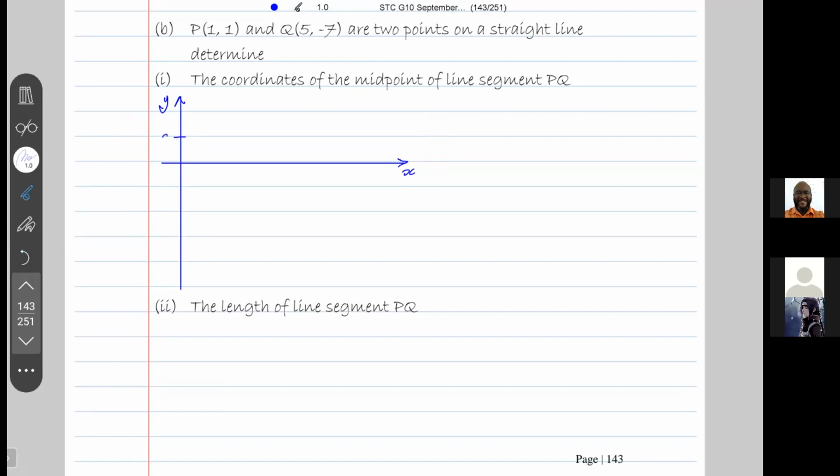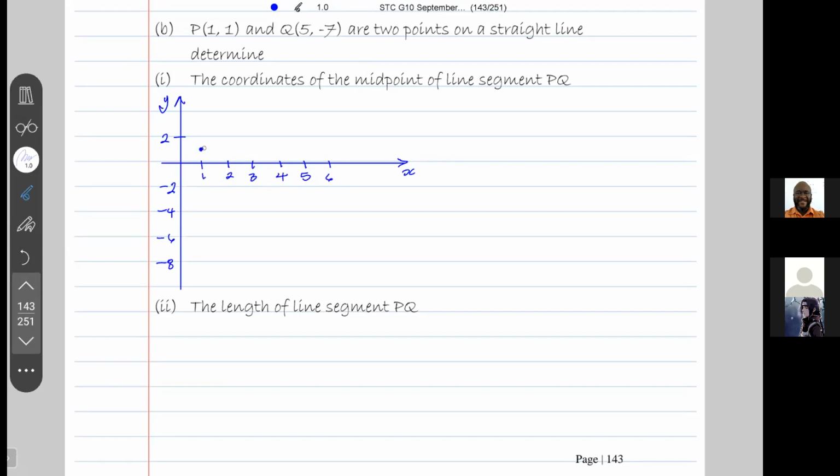This is 2, then minus 2, minus 4, minus 6, minus 8. 1, 2, 3, 4, 5, 6. 1, 2, 3, 4, 5, 6. P is the point 1, 1.